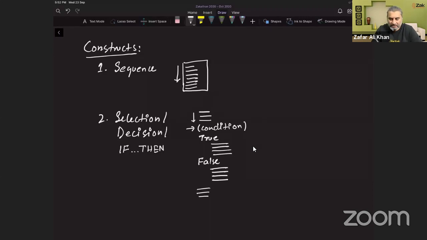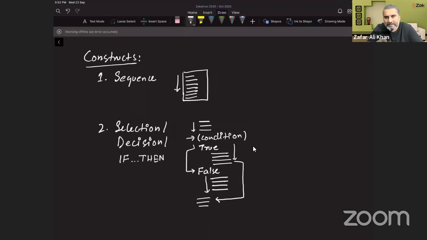If this condition is true, the system will execute this part and skip this part and reach out here. If the condition is false, the system will skip this part and reach out here and continue from these lines.